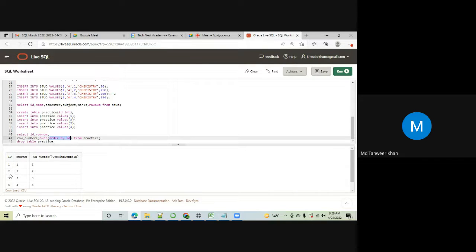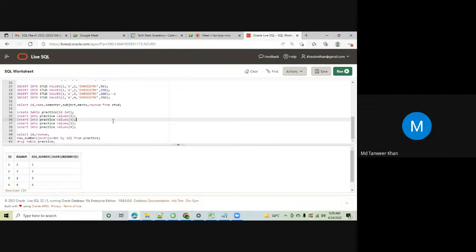You can see now all the IDs are in order, 1, 2, 3, 4, correct? And then it will give the sequence to that. ID 1 gets sequence 1, ID 2 gets sequence 2, ID 3 gets sequence 3, ID 4 gets sequence 4. But this rownum, you can say, is totally random: 1, 3, 2, 4. Why? Because this is based on the sequence in which the SQL engine inserted the records in that particular table.